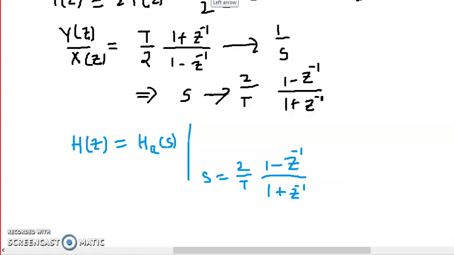That is, basically summation and multipliers are the same in the digital and analog domains, but it is only the integrator that needs to be replaced, and that is done by this transformation, s changing to 2 by T.